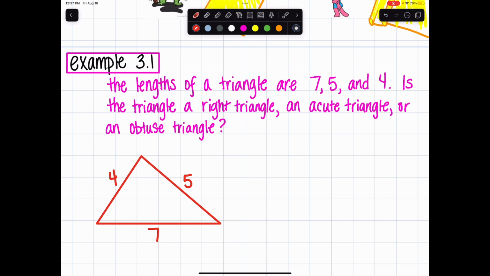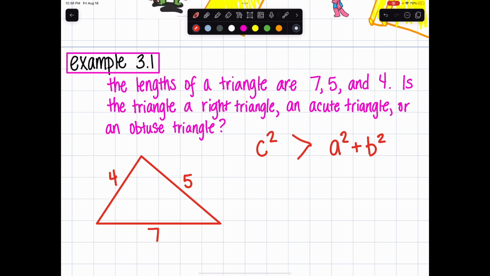So we need to compare c squared to a squared plus b squared. If it's equal, then we know that's the Pythagorean theorem, so that must be a right triangle. If it's not equal, it's going to be one of two things.